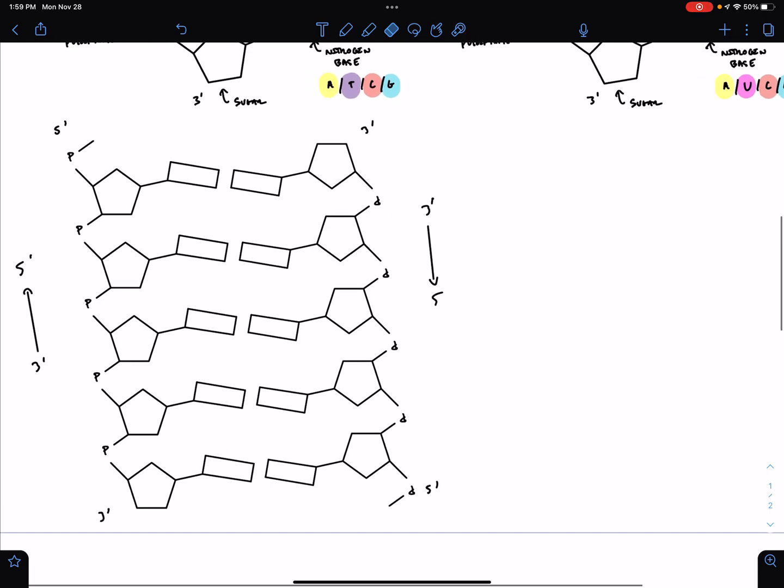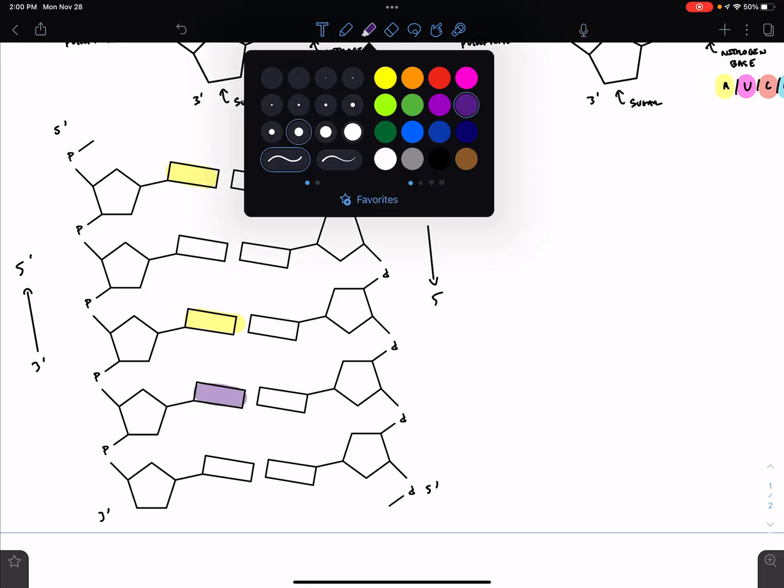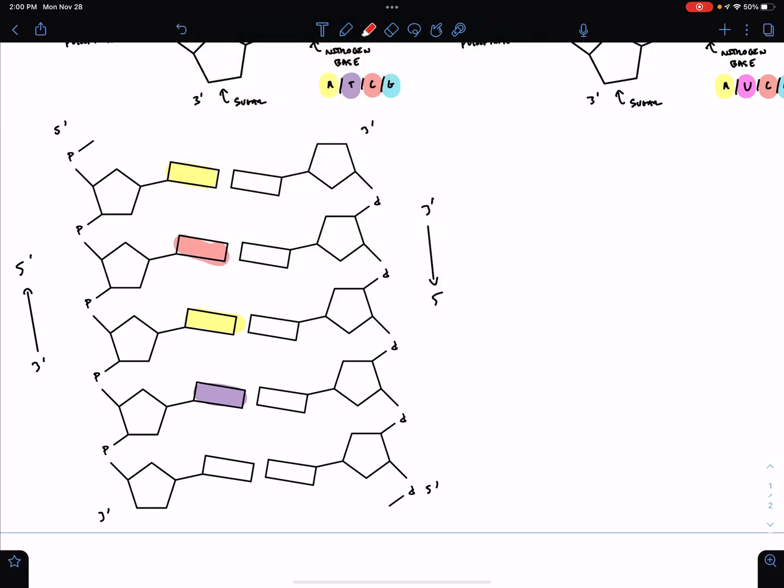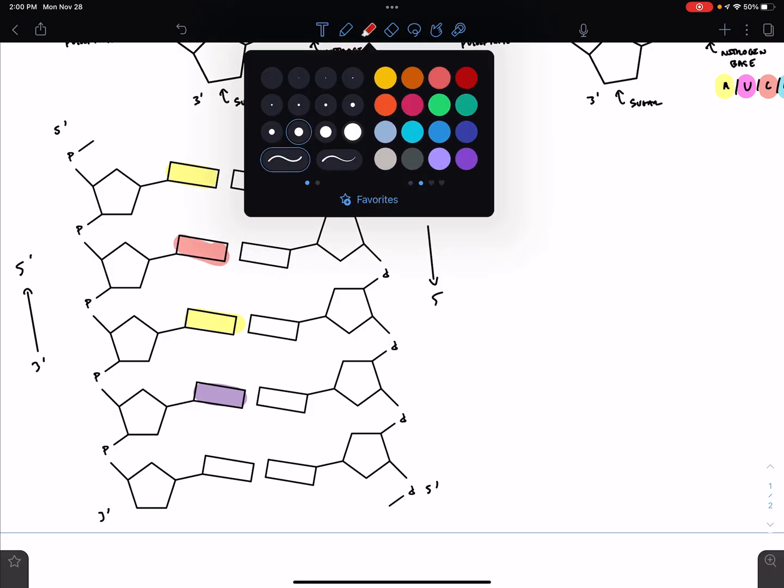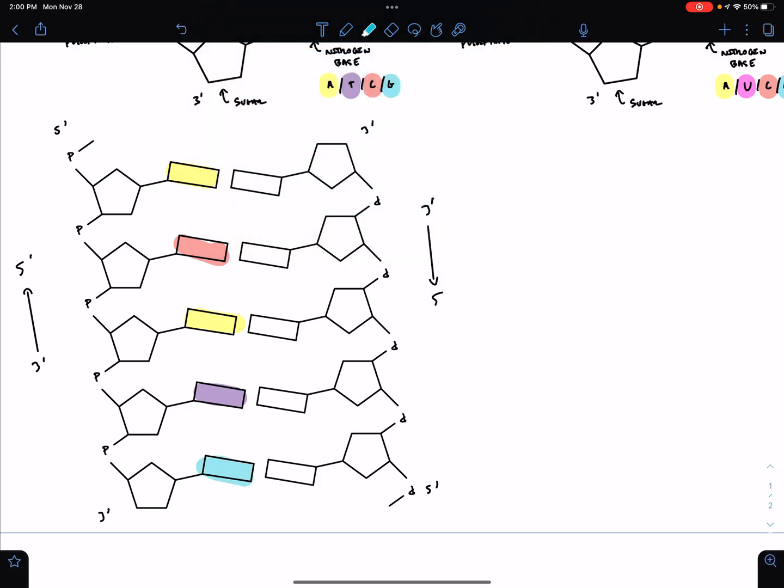Okay, if I were to go through and just mark up one side of this molecule of DNA with a sequence, let's say this was T, and then so if I were to go through here and say this side is A, C, A, T, G, you could then right away infer the other side of the molecule.